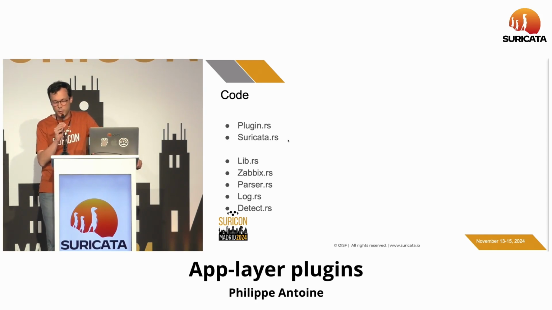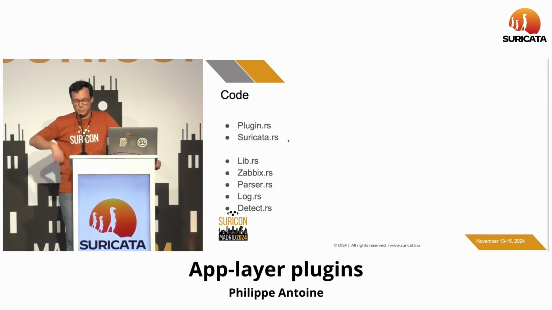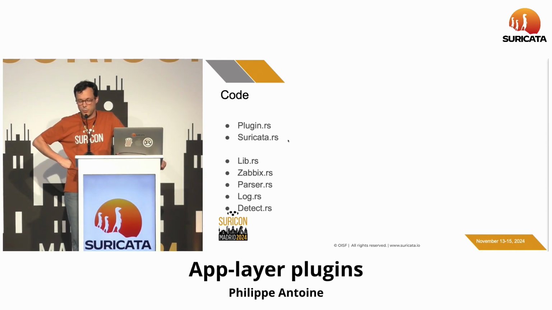So lib.rs or mod.rs is just the list of files. There is the AppLayer name.rs with the entry point logic, I would say. There is parsing, logging, and detection. So I did the same for the plugin, and then there is some glue code that is specific to the plugin.